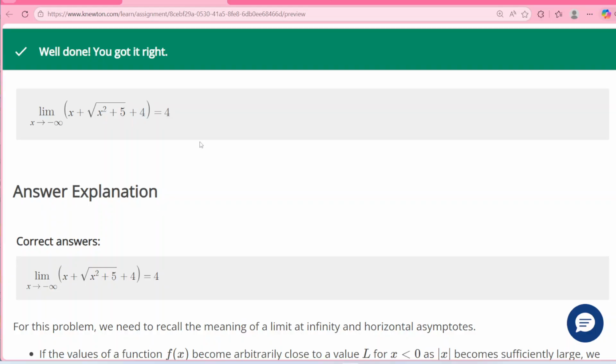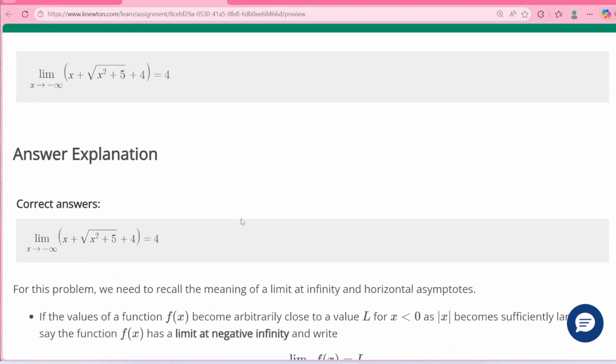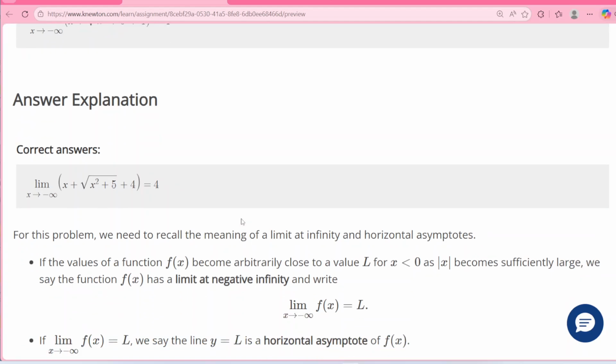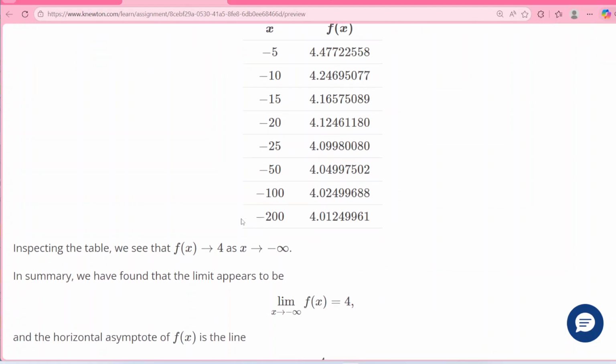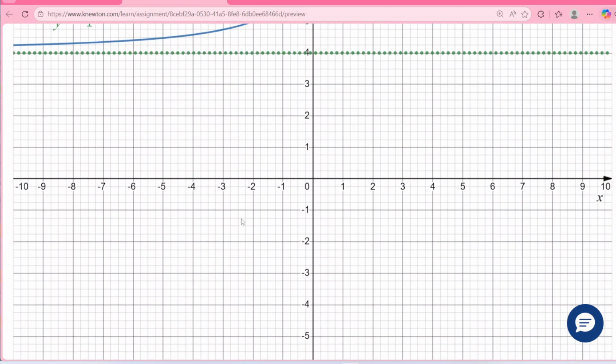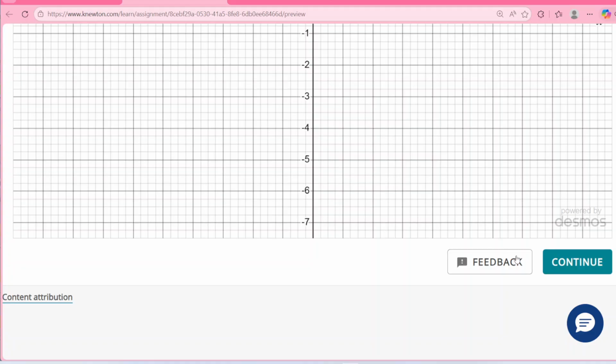Of course, if you got something wrong, I would definitely read through the answer explanation, try to figure out where you went wrong, and hopefully learn from your mistake for future similar questions. And they got the graph there and everything.